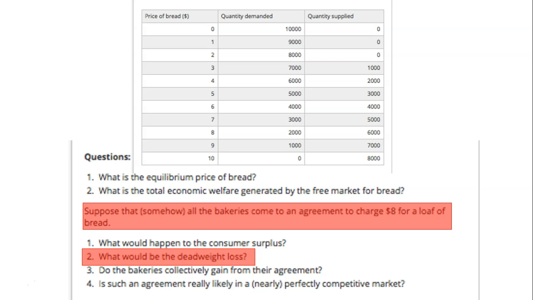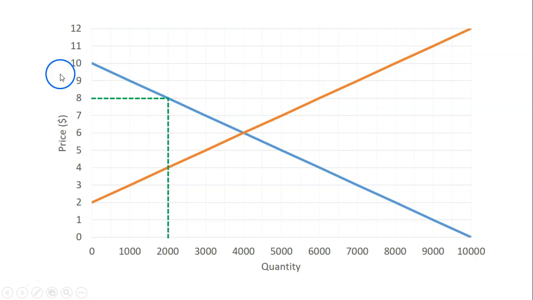Our next question is, what would be the deadweight loss? Okay, so if you remember, we've got a total economic welfare area in equilibrium, that's this very large triangle, but now the quantity bought and sold has been restricted from 4,000 down to 2,000, which means this triangle here, this part of the economic welfare, has been lost.